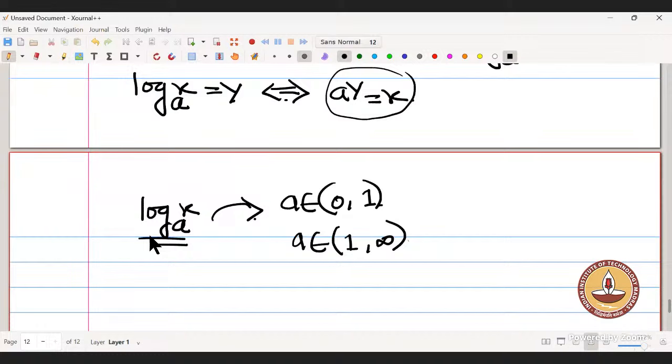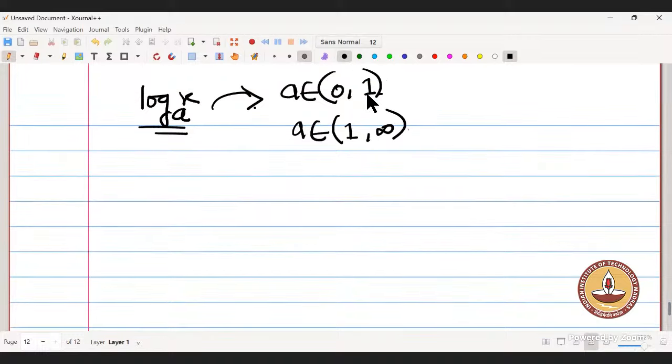We are excluding 1 for an obvious reason, right? Now can you tell me what the graph of this logarithm will be? Vertical asymptote.